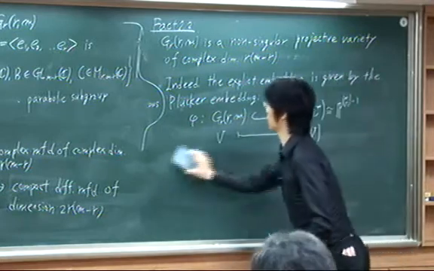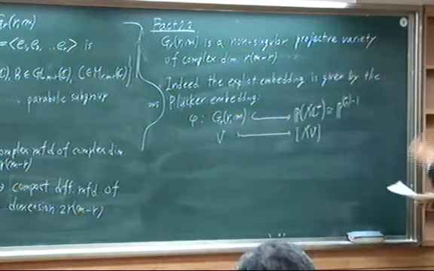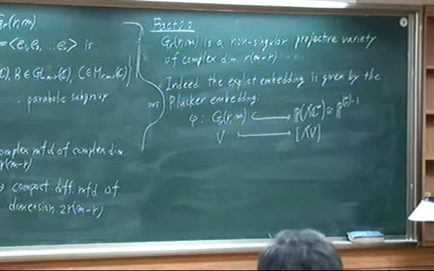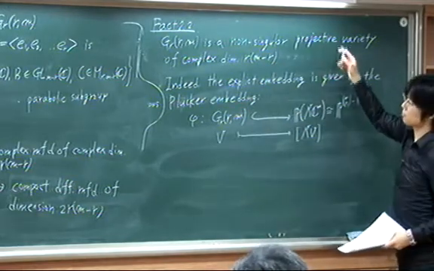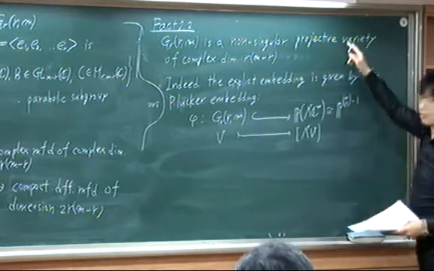So through this Plücker embedding, the Grassmannian becomes a projective variety.